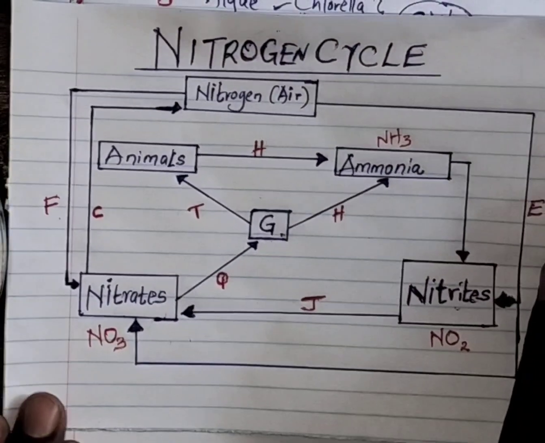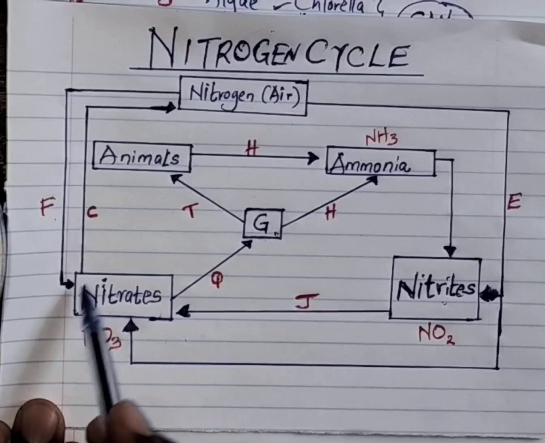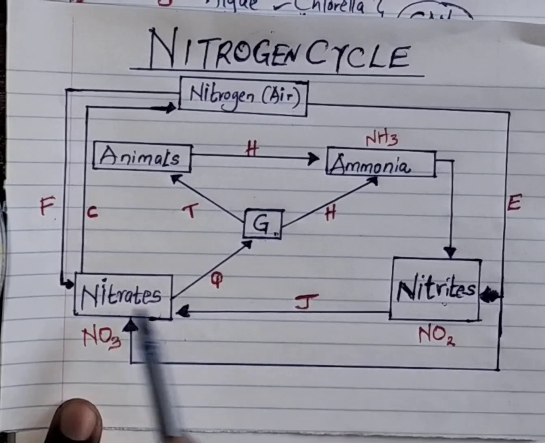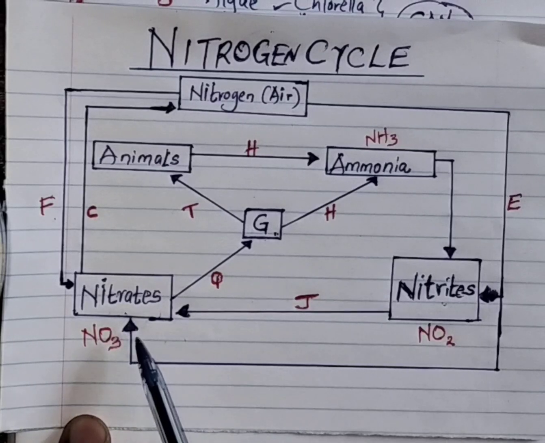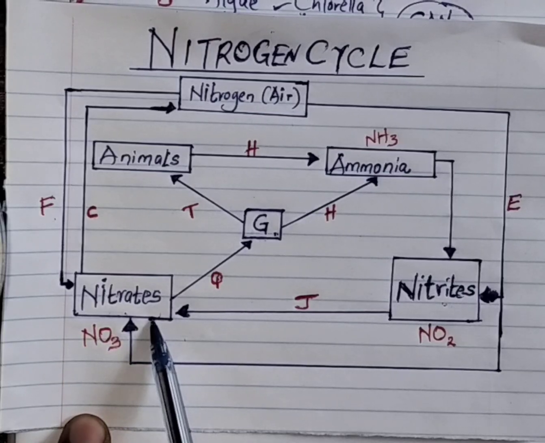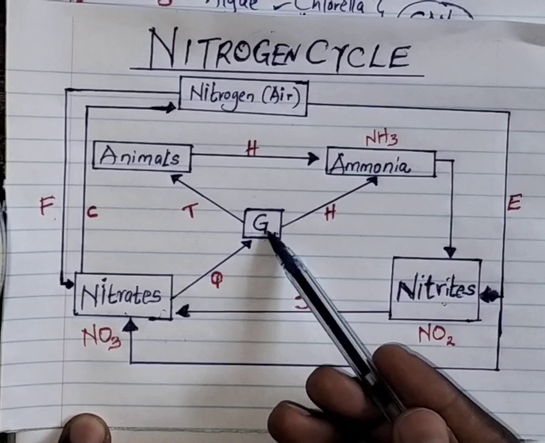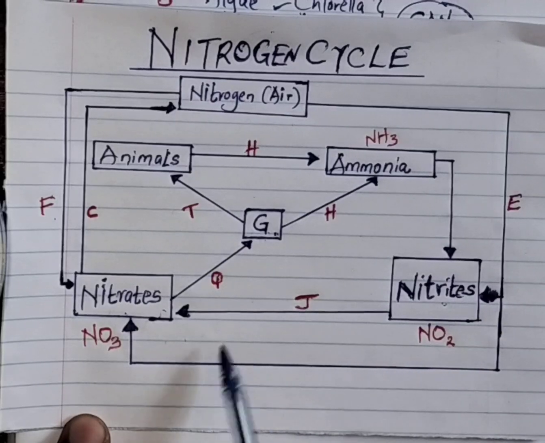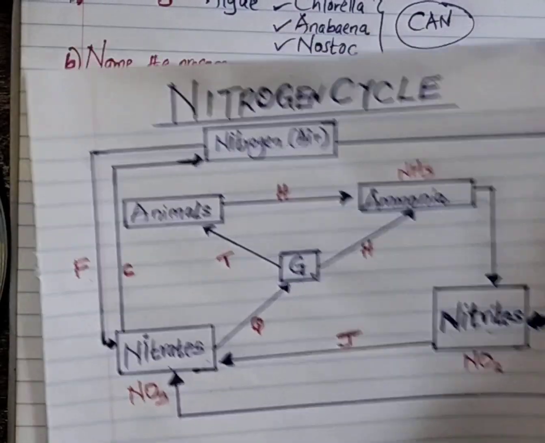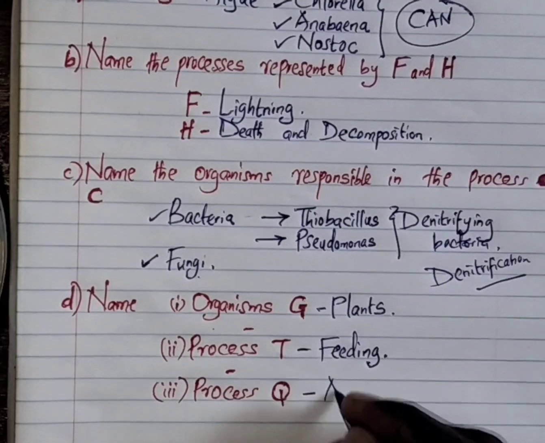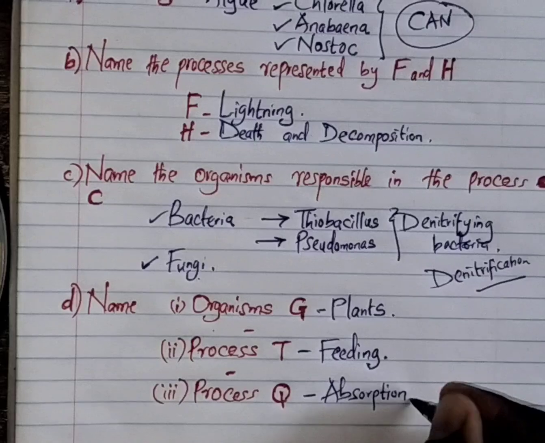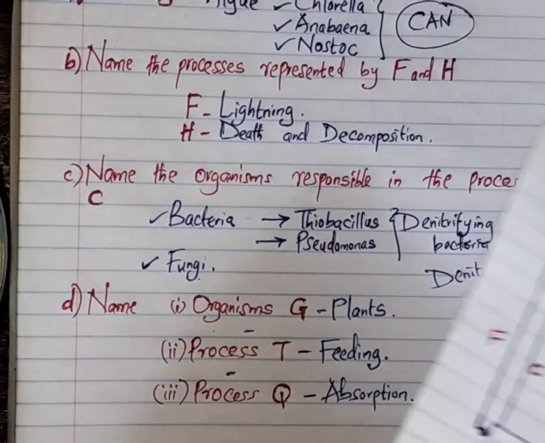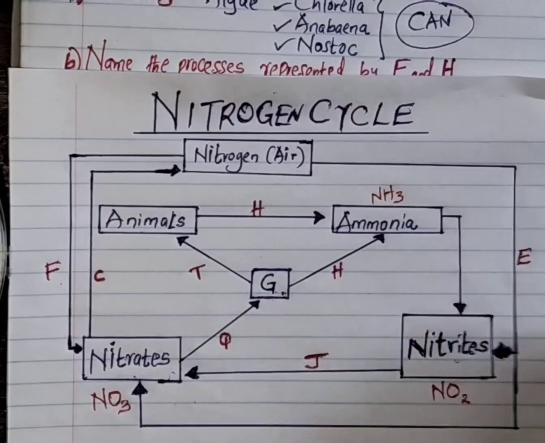Then process Q. Now in the soil, nitrates in the soil now. What happens to nitrates in the soil? Nitrates in the soil are going to be taken to plants through the process we call absorption. So Q is absorption. So that is about the processes that we have there.